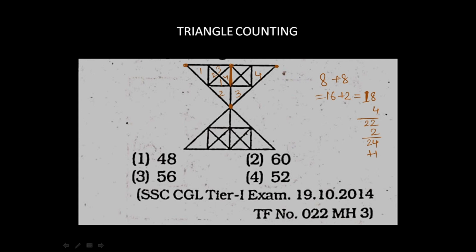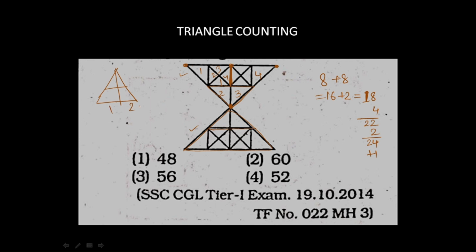Now, look at this. Actually, this can be done using the first formula which we have discussed. Look at this figure. Actually, these are identical figures, mirror images you can say. This is a figure which I have drawn, right? So how many triangles should be there in that kind of figure?